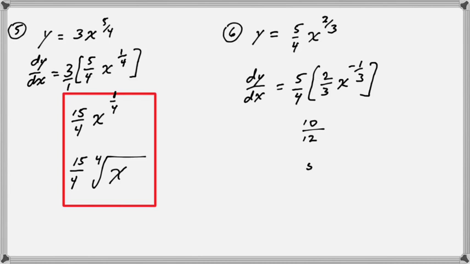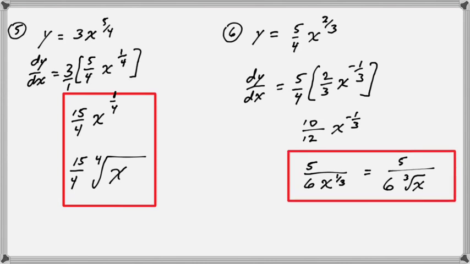You could simplify it by halving the top and the bottom. This is x to the negative 1/3. I'll never accept negative exponents, so you need to move it and call it this. Or maybe you could call it the 1/3 power is the 3rd root. So I'd say either of these answers.